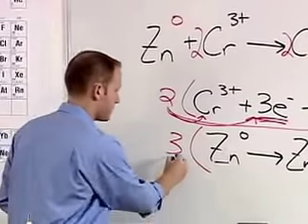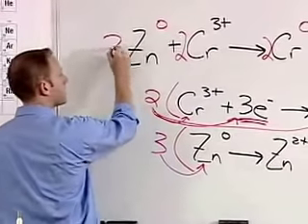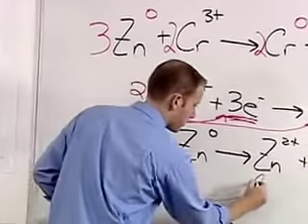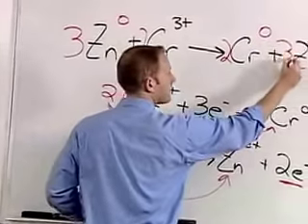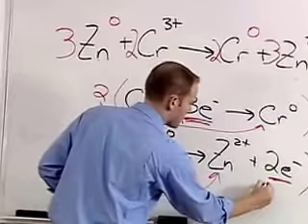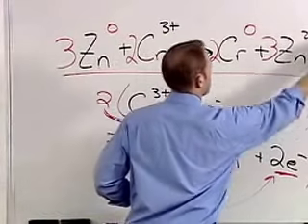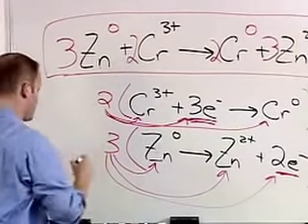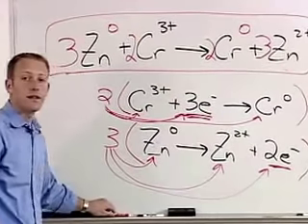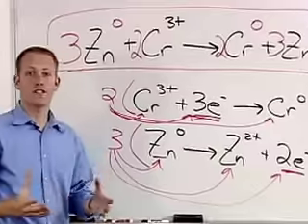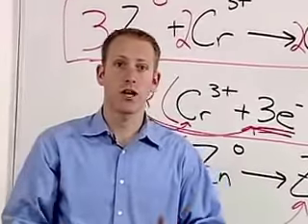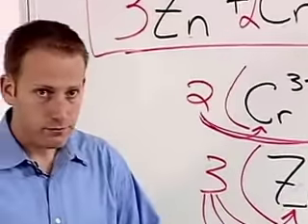How about the zincs? 3 zincs, 3 zincs here, 6 electrons. Oh, now the electrons are equal. This is my full balanced equation representing the oxidation and reduction. So that's a complete balanced equation, just making sure that the numbers are equal.